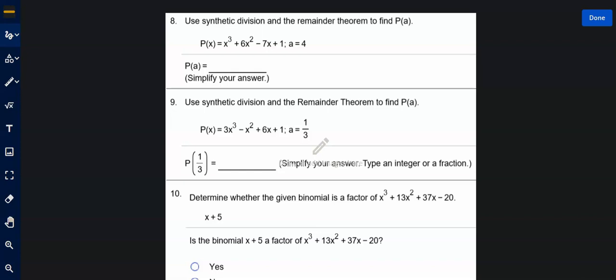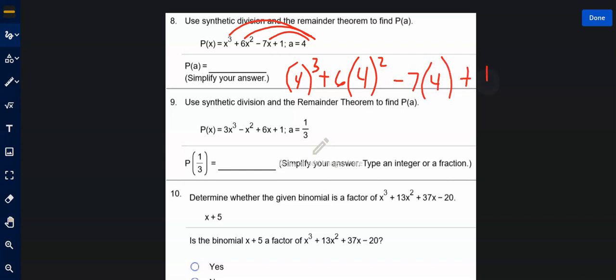So we can use the remainder theorem and take 4 and plug it back into these two. 6 times 4 squared minus 7 times 4 plus 1. I got 133.